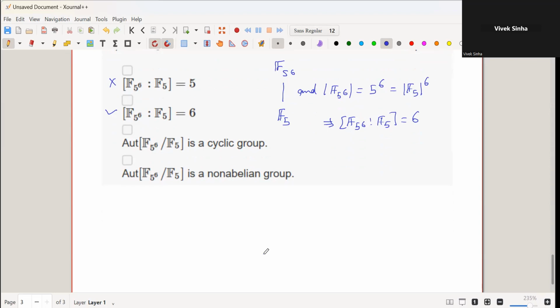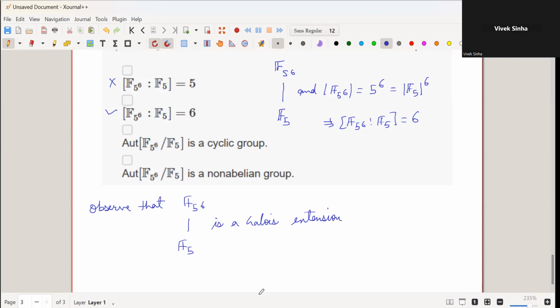So from video lectures, first of all, it is easy to see that it's a Galois extension, although that is not needed, but still you can have that with you.